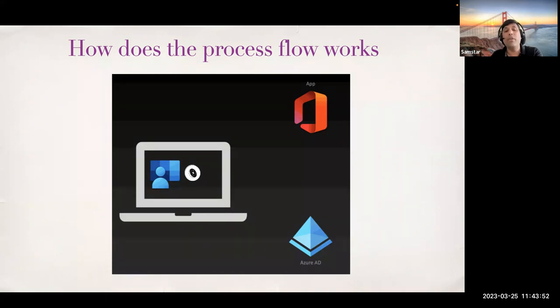That application will not go to Azure AD. It will go to the Company Portal app because it is the broker. It has the primary refresh token. And on behalf of the user, the Company Portal app with the primary refresh token will go to Azure AD, and Azure AD will then return an access token.